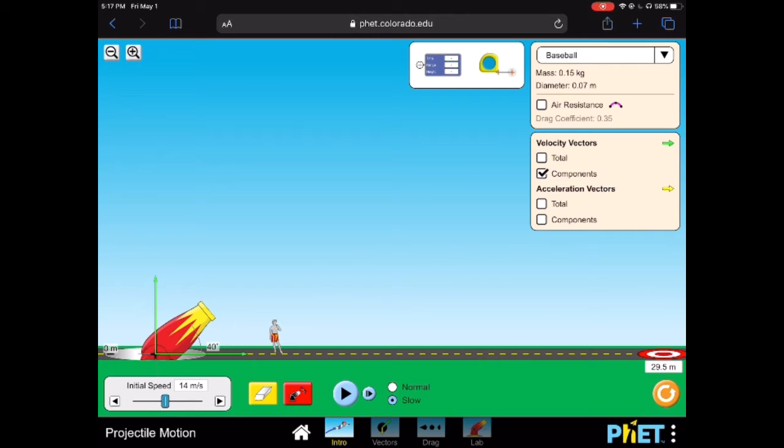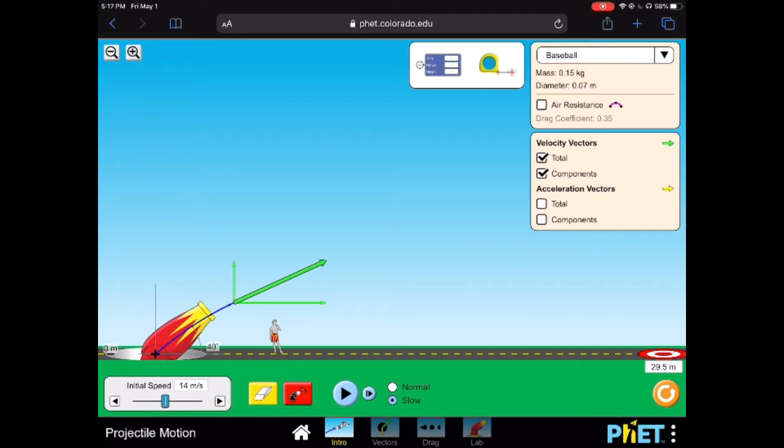I just want to explain the concept. As I launch, you can see there are 2 green arrows. What are these 2 arrows? Together they show your velocity, the green vector that you can see right now.